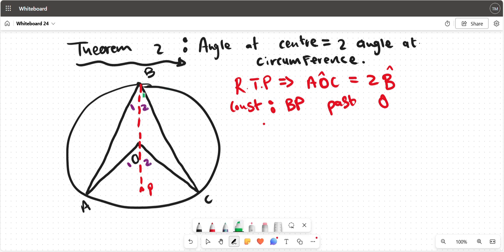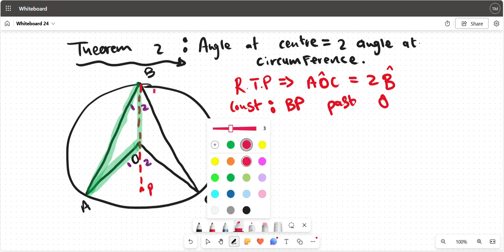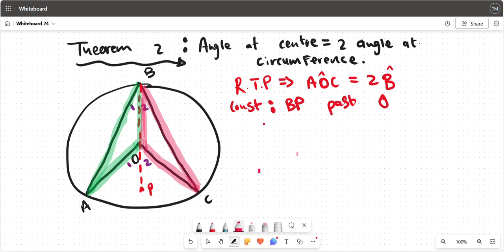Then what you will find is that there are 2 triangles there: this green one, and another triangle, this pink one here, or a red one if you will. Those are the 2 triangles I'll be looking at.